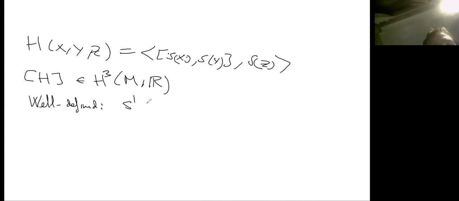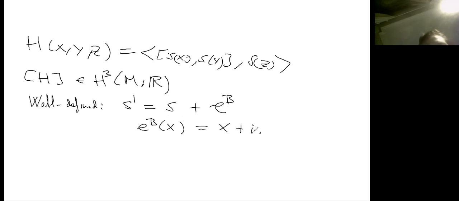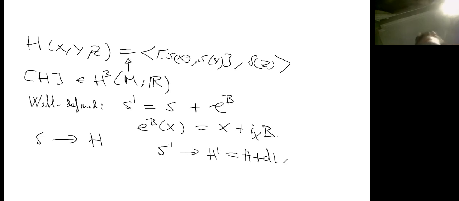If I choose a different one, you can check that this is going to be S plus e to the B, where e to the B is one of these B-field transformations. Recall that e to the B x is x plus i_x B, and it does nothing on the cotangent bundle, it is the identity. Now you can check that if your S induces this particular H via this formula, then your S prime is going to induce H prime, which is H plus dB.